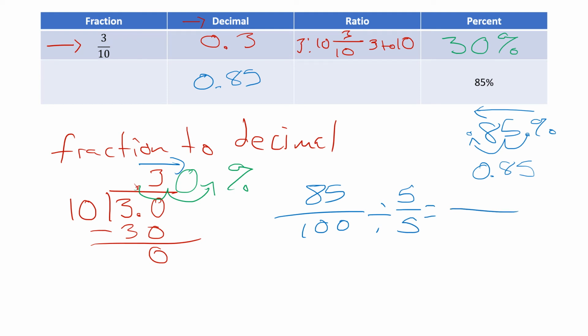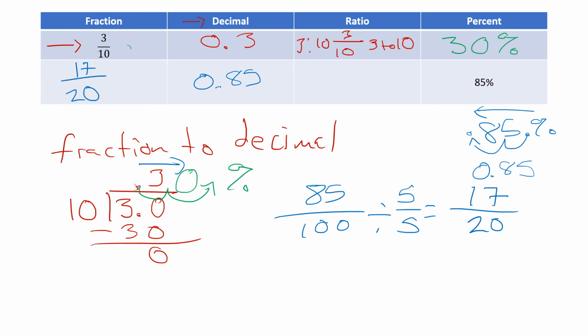We can divide by 5. Anything that ends in 5 or 0 can be divided by 5. So 85 divided by 5 is 17. 100 divided by 5 is 20. And 17 is a prime number, so we're done. We cannot reduce 17/20ths any further.